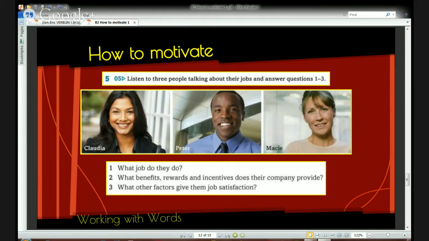Claudia has a laptop and an iPhone from her company, and also when she sells something, she gets 50% of the money. Yeah, which we call what? What's the word for that when you get a percentage?